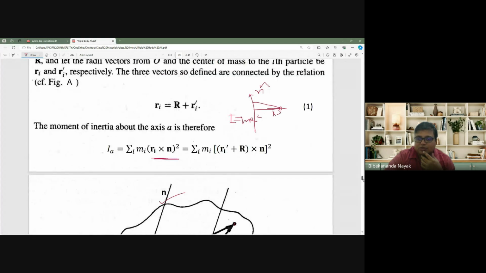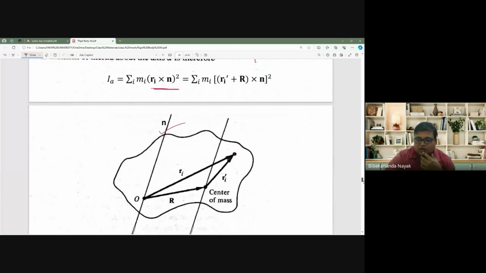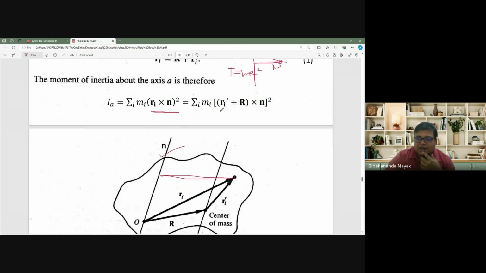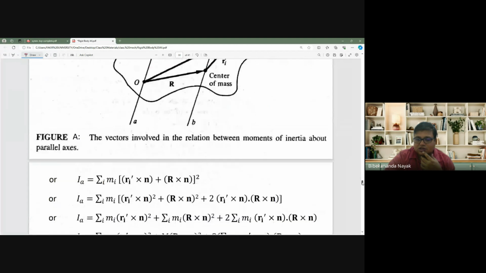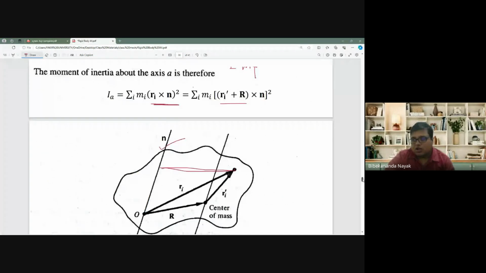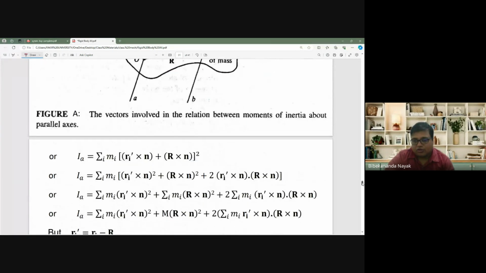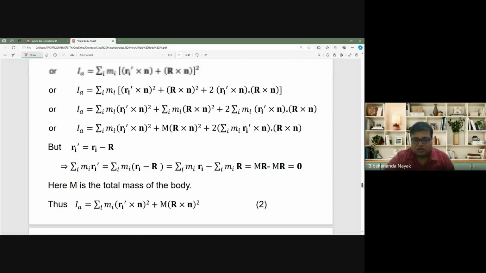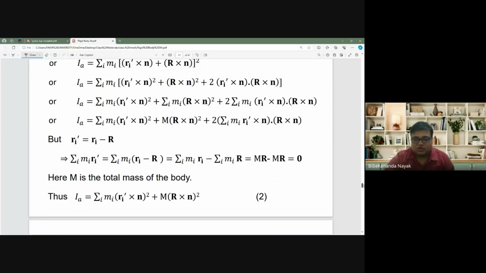So the perpendicular distance from this moving point is nothing but ri cross n cap, squared. But ri is equal to ri prime plus r, so if you write it in terms of this and open it, ri prime cross n cap plus r cross n cap, squared. We got this relation. Actually, there is a close derivation, we find this. Here m is the total mass of the body.